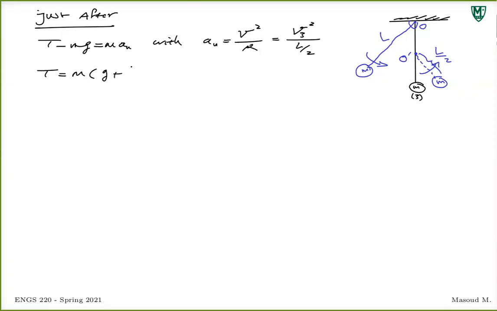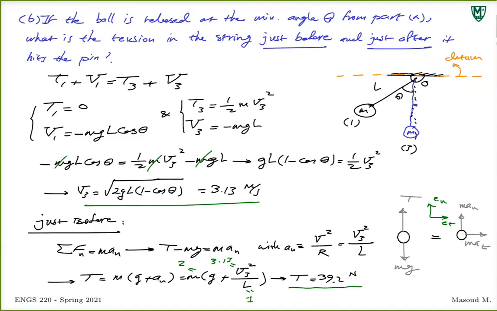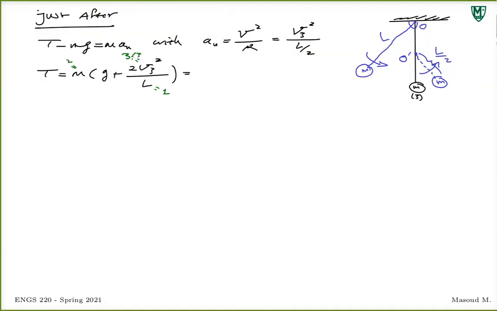That'll be m times g plus 2 v3 squared over L. Then you'll get v3, L is 1, m is 2. I forgot what v3 was, 3.13. That'll give you T as 58.9 newtons, just after the pendulum hits the pin. This is the pin.